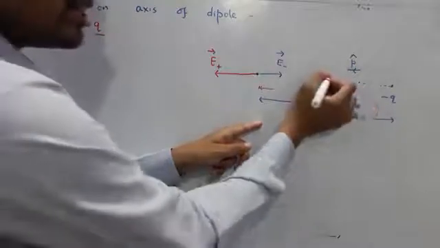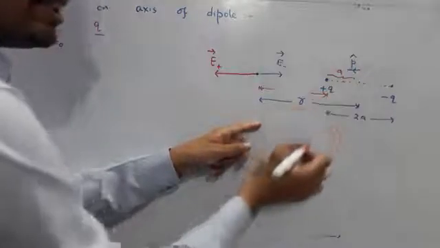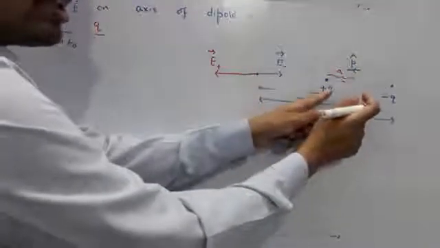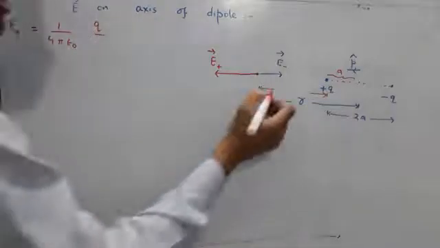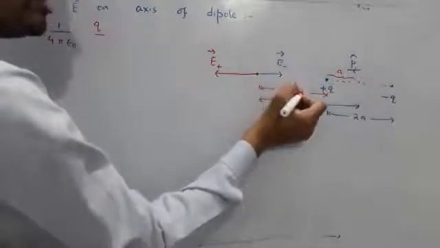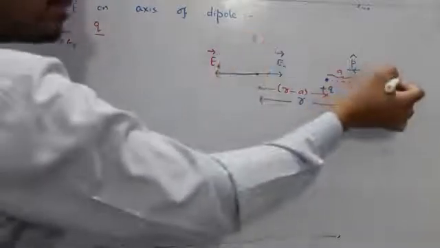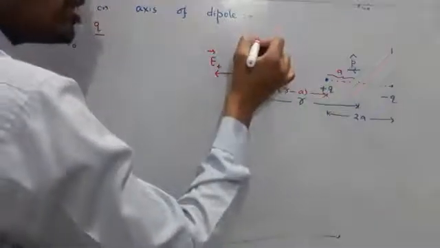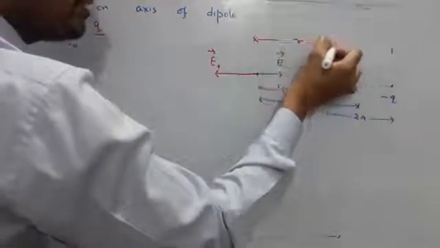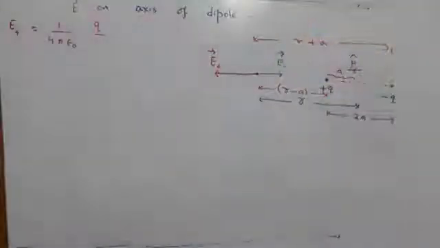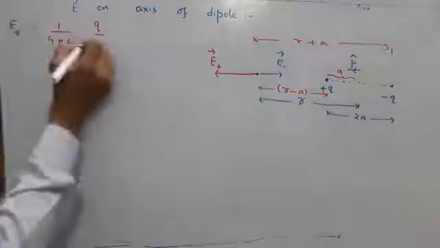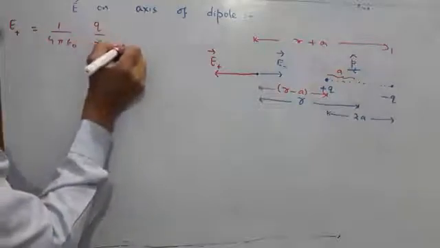So this distance is nothing but a. So from r, if I reduce a, I will get this distance, that is r minus a. Likewise, the distance of this point from the minus q charge will be how much? You can check it out. This will be r plus a.